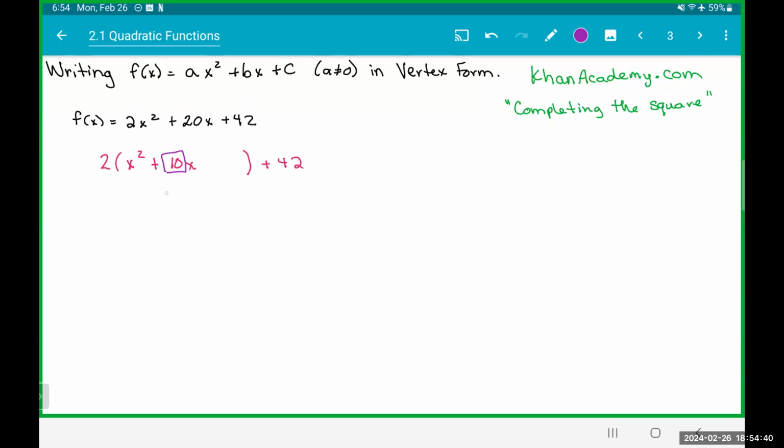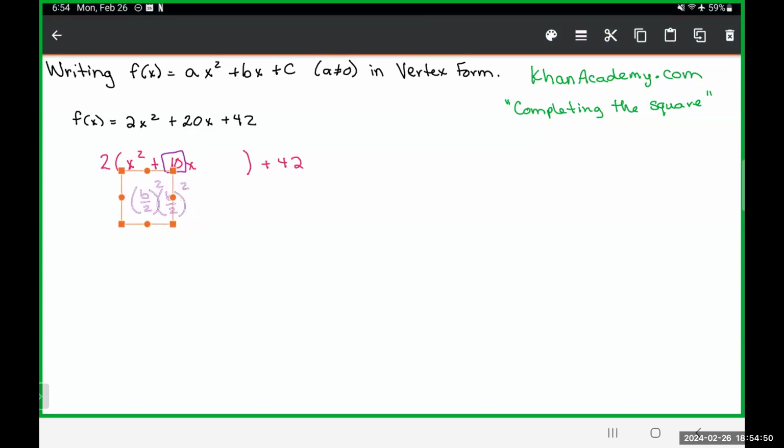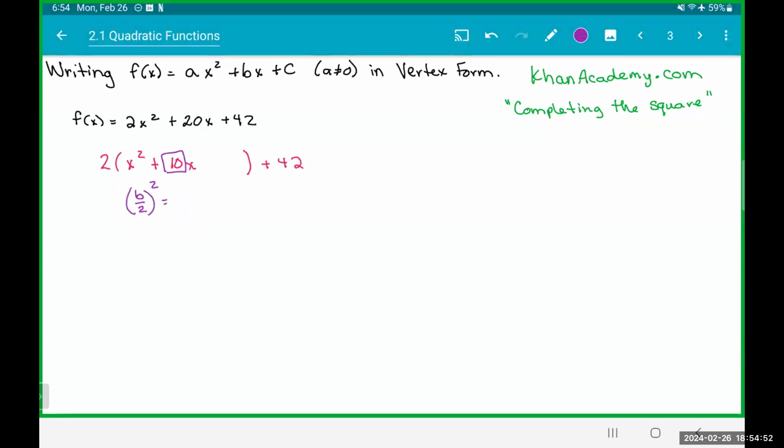So that would be 10 divided by 2 squared. That equals, 10 divided by 2 is 5. 5 squared is 25. Okay? So I'm going to add 25 in here and minus 25 from here, right?